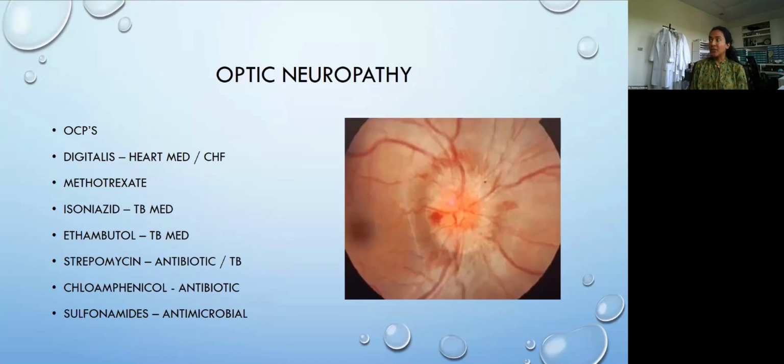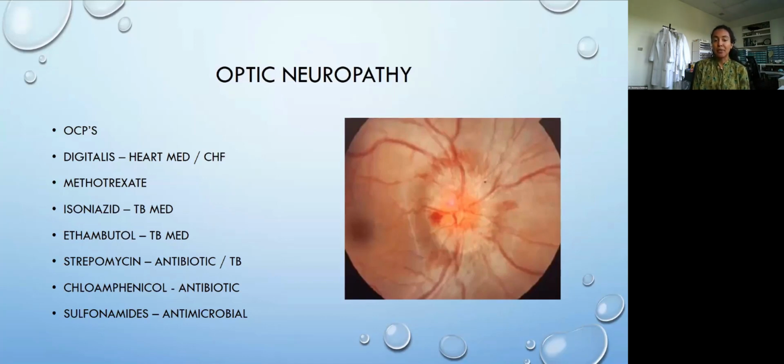Methotrexate is used in chemotherapy and as an immunosuppressive drug, and it can treat cancer of the blood, bone, lung, breast, head, and neck, and it can also be used to treat rheumatoid arthritis. A few other ones include isoniazid, a tuberculosis medicine, and ethambutol. I saw a few questions about what ocular complication ethambutol can cause, and it is optic neuropathy.